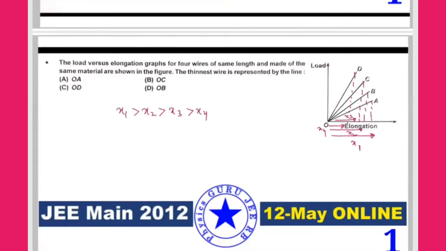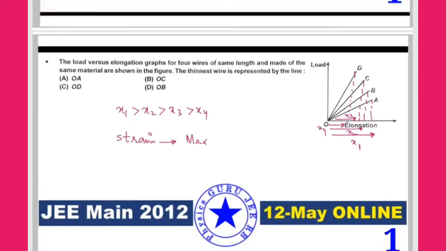So the strain is maximum, more elongated, for the first wire, OA wire. By the observation, strain is maximum in wire OA. Next, stress is also maximum in OA wire. See, stress and strain both are maximum in OA wire.